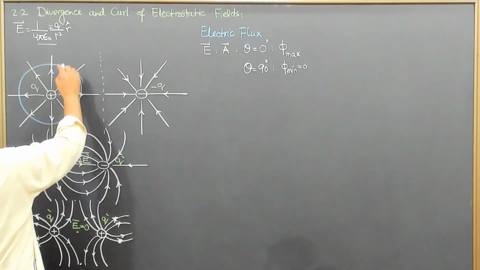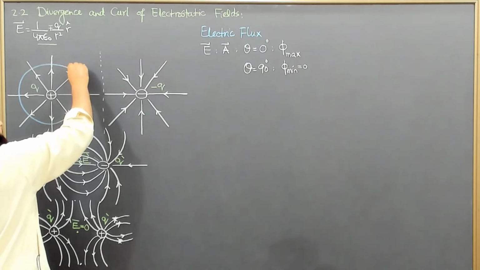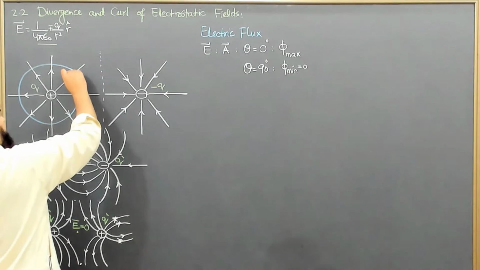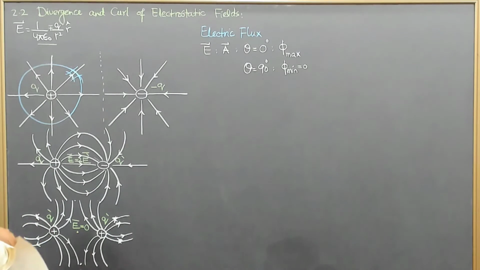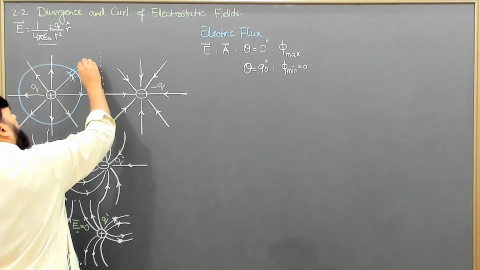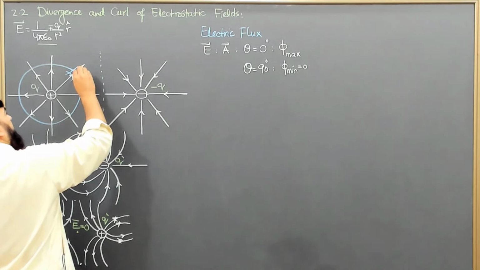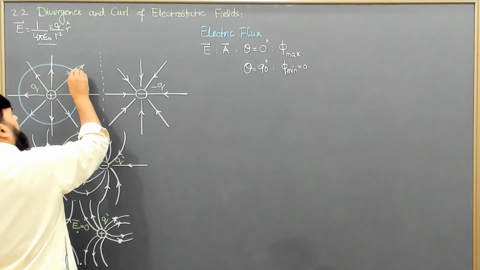I will consider a unit area on this surface, and this unit area will have the electric field lines in this direction, while its area may have this direction.